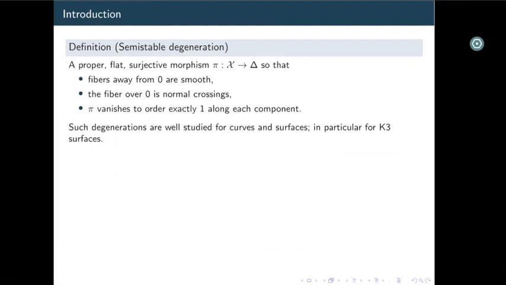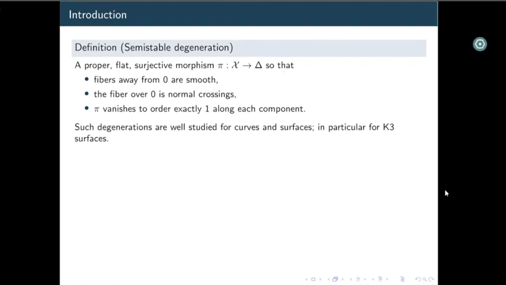Generally speaking, these things are fairly well understood, specifically for curves and surfaces, and in particular for K3 surfaces. The classification goes as follows.